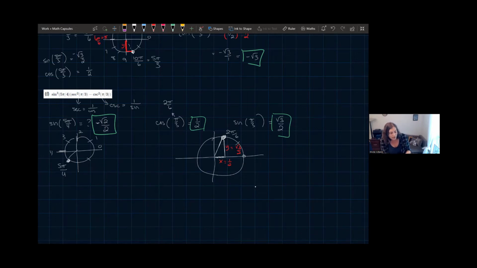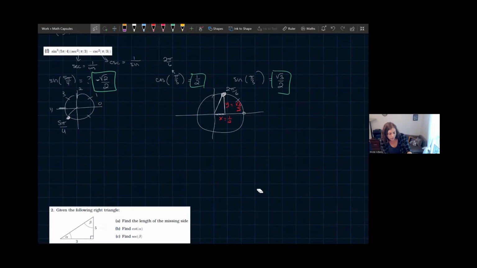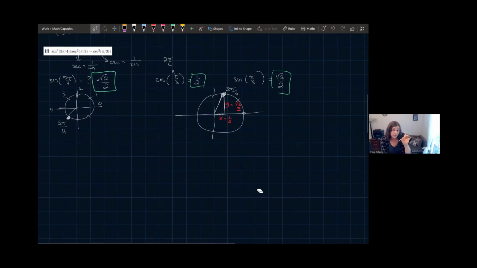Same goes for secant squared and cosecant squared. Those squares there really belong over the whole entire expression. So if I was going to write it out more clearly, it would look like this.